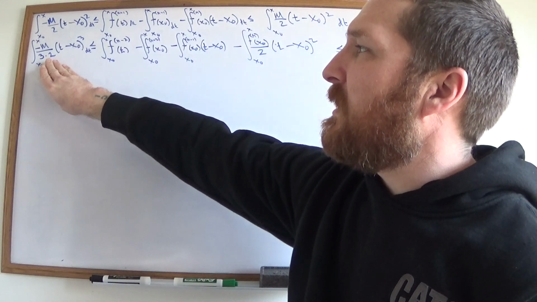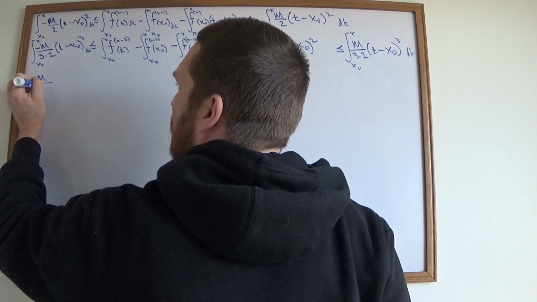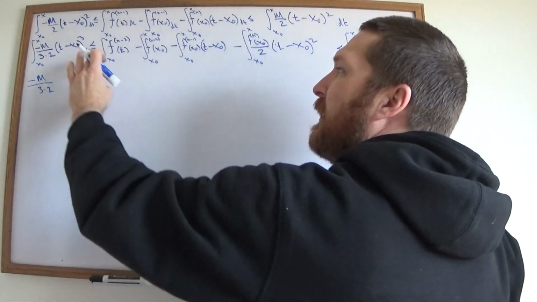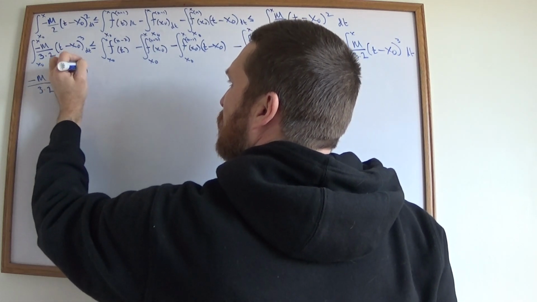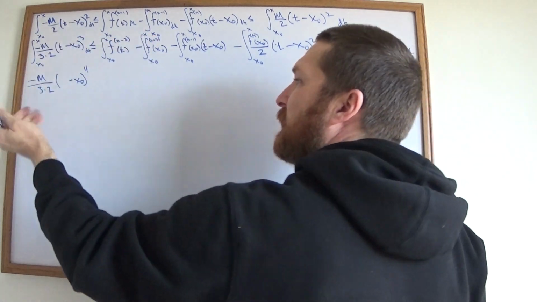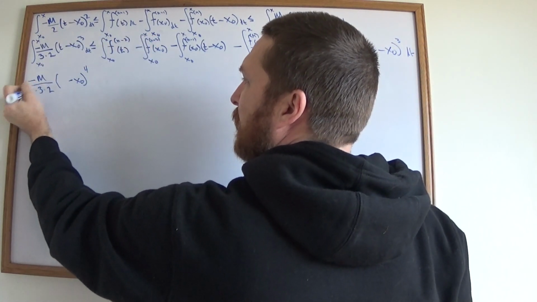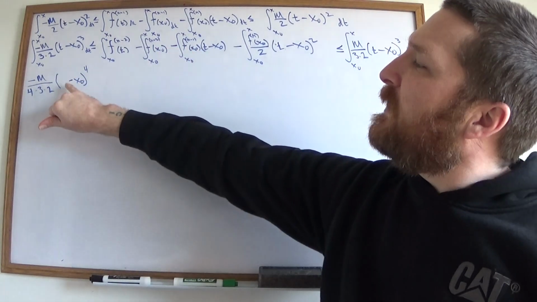Got a bunch of constants out front, so I'm going to pull them out, minus m. We have a 3 times a 2. That would have to go up a power. So it's going to be whatever that is to the 4th. Okay? But we need a 4 in the denominator down here. Right? That would be a t.